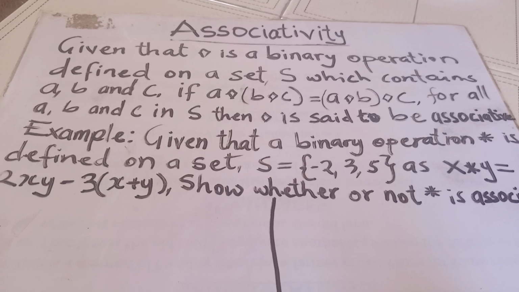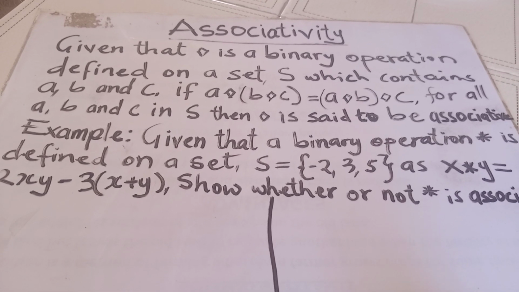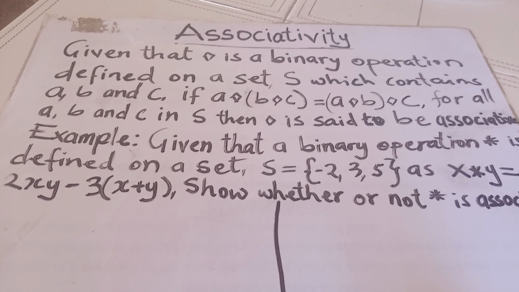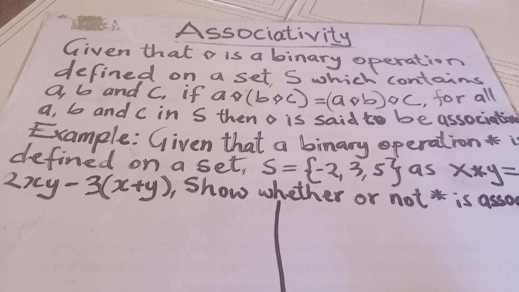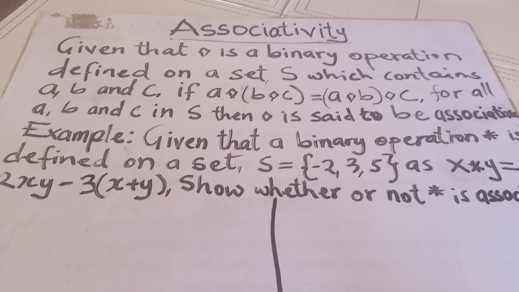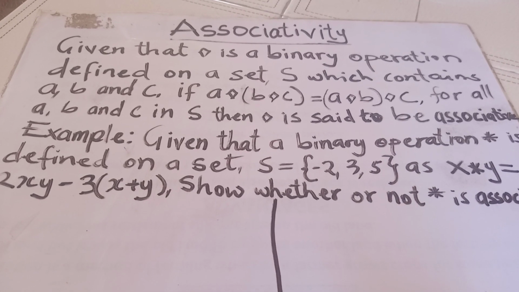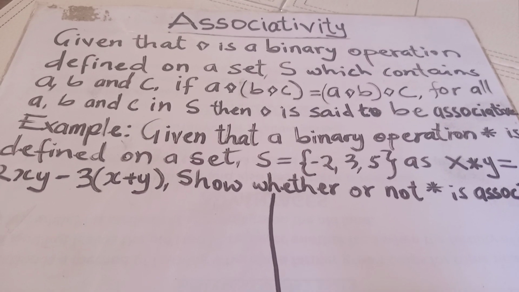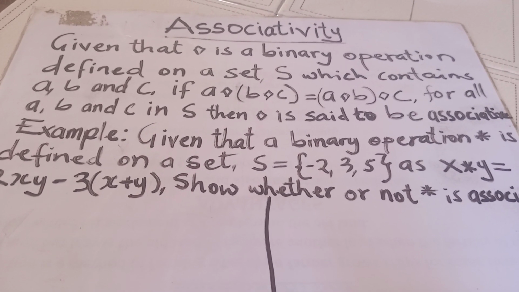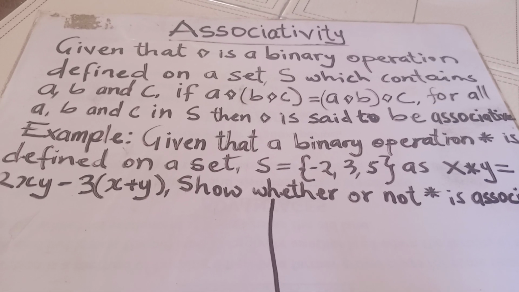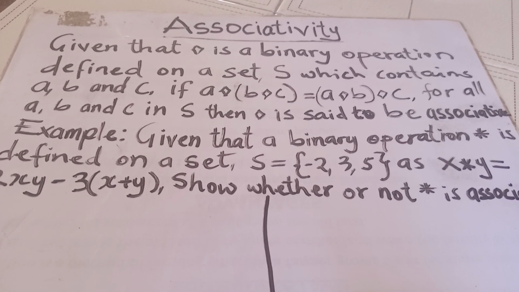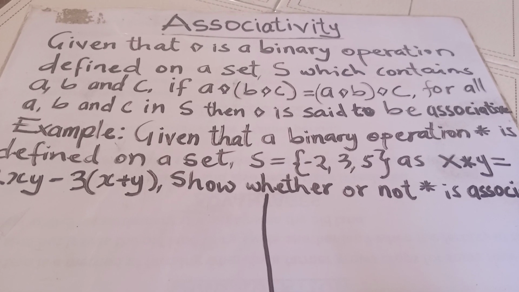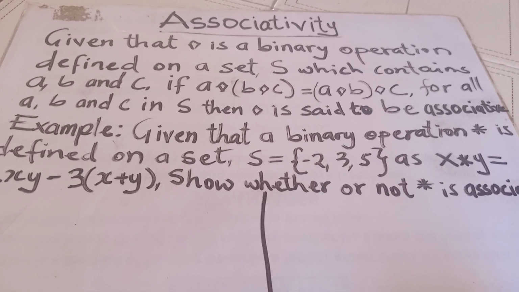By definition, given that a binary operation is defined on a set S which contains a, b and c, if a operated on (b operated on c) is equal to (a operated on b) operated on c for all a, b and c in S, then the binary operation is said to be associative.